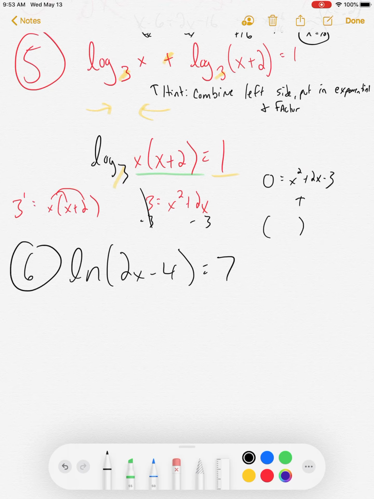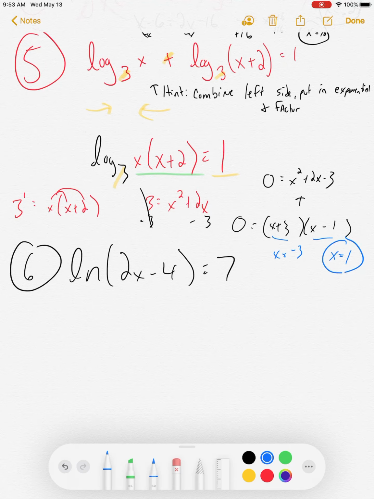Now what I can do is factor this. What are numbers that multiply to negative 3 and add to 2? Well, x plus 3 and x minus 1, still equal to 0. So I've got to set both these equal to 0. x equals negative 3, x equals 1.